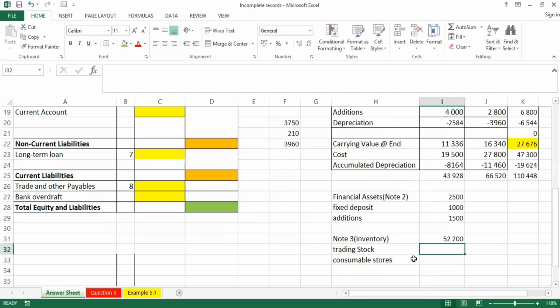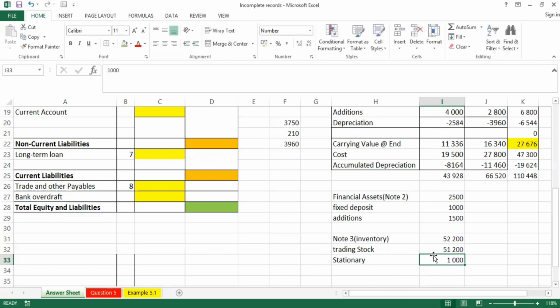And then it included an amount for stationery on hand of 1,000. Meaning that our inventory at the end was 51,200, if I'm not mistaken.